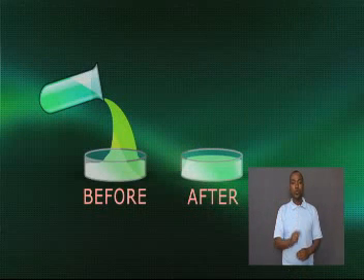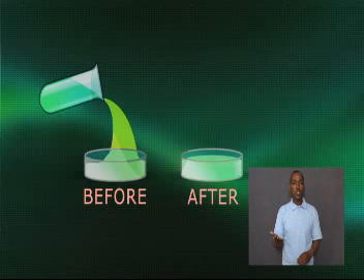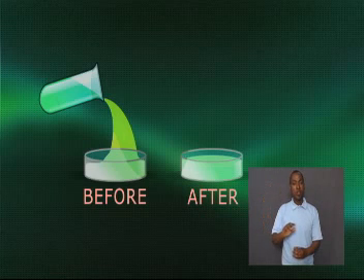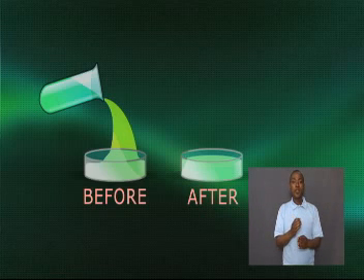Agar is a substance that dissolves in hot water and sets to form a jelly. When agar is combined with all the right nutrients for the microorganisms, it is poured into a petri dish and left to cool and set.